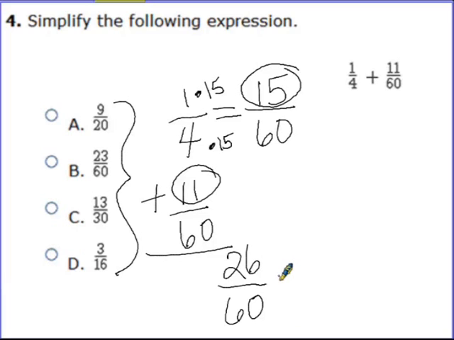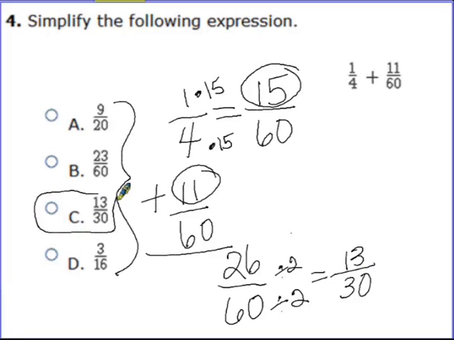I'm going to divide by 2. Whenever my numerator and denominator are both even, I know I can at least divide by 2. So 26 divided by 2 gives me 13, and 60 divided by 2 gives me 30. And so my answer is 13 over 30.